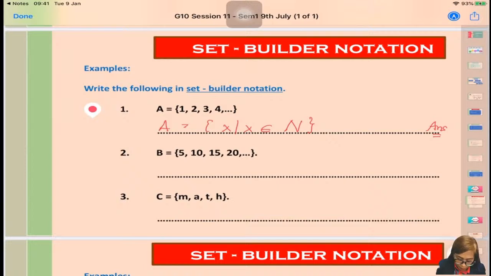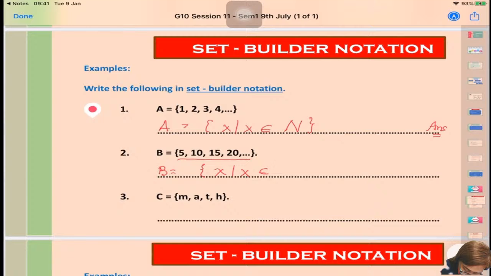Okay, how about letter B, students? B is the set of 5, 10, 15, and 20, and so on. What are these numbers? So you have to write the answer in set builder form. It can be the set of all x such that x belongs to, these are all positive numbers.